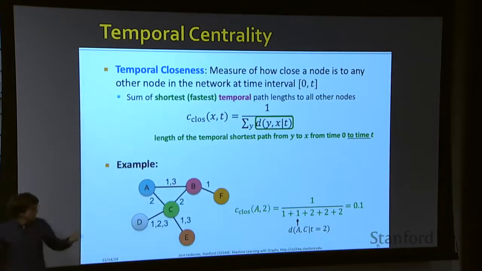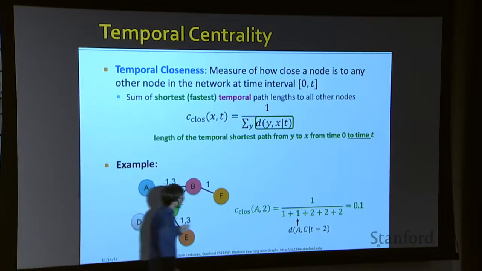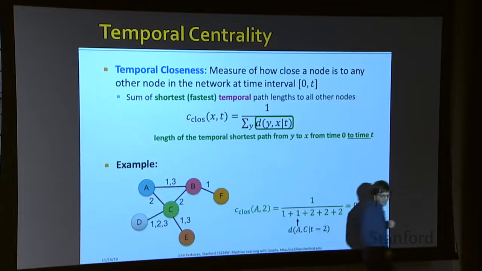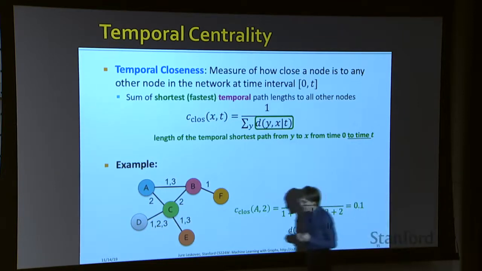And the reason I did it this way is because higher is better, right? So higher value of centrality means you are more central, so you have shorter paths to everyone else. Okay, that's essentially the idea.